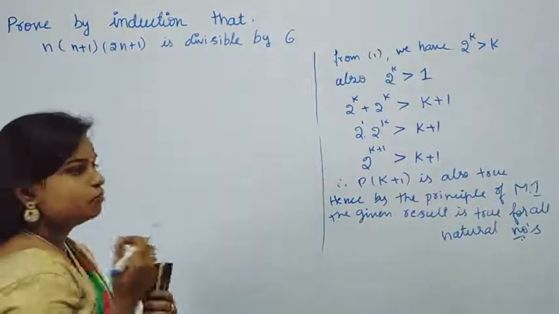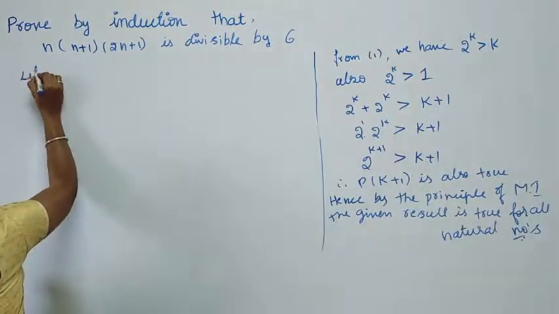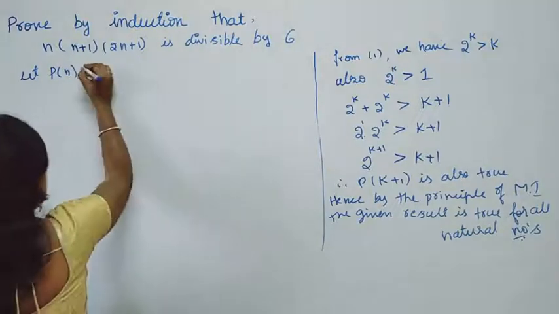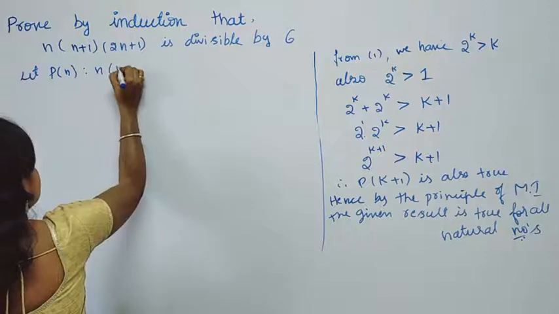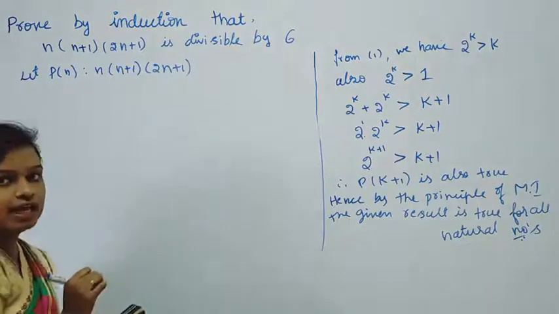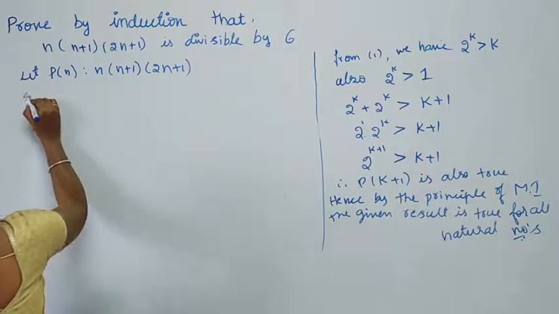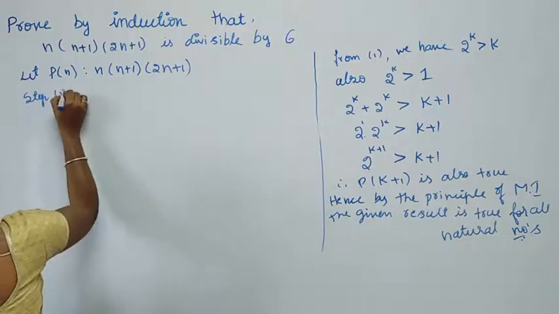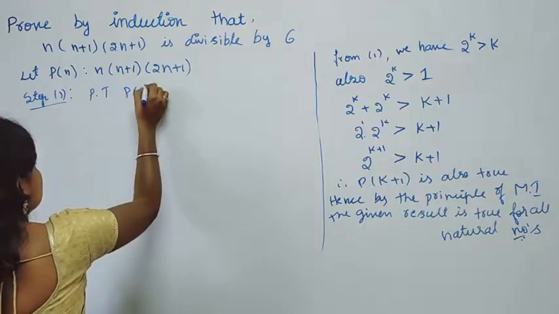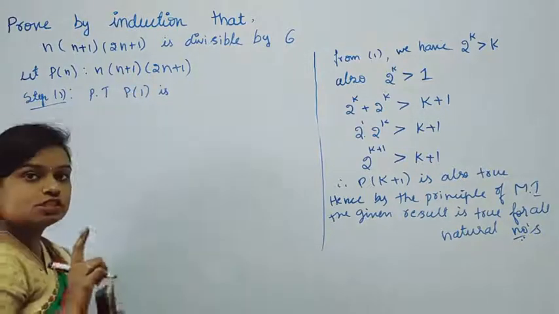So follow the same procedure. First, take the given condition or statement as P of n. Let P of n be n into n plus 1 into 2n plus 1. Okay. So what is the first step? Step 1 is prove that P of 1 is true.